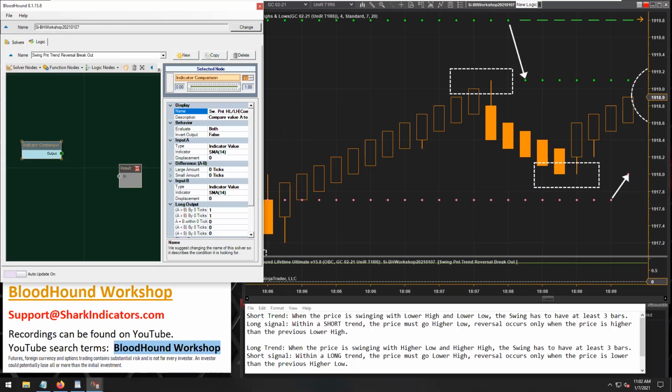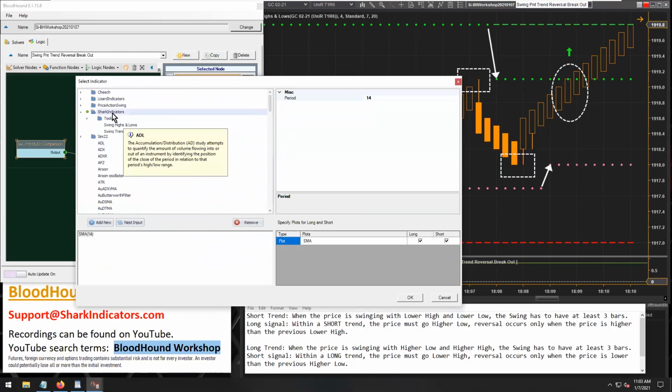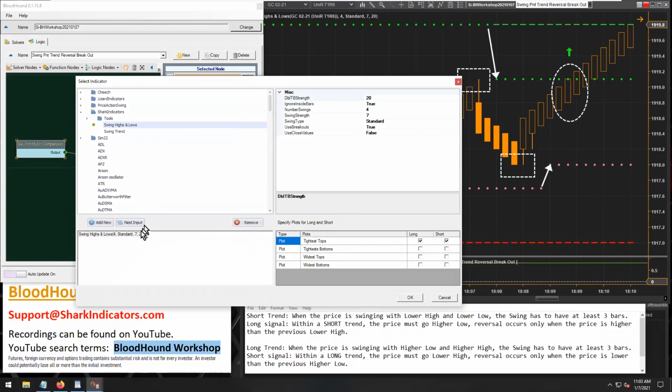All right, so we're identifying swing point higher lows or lower highs. Okay, let's connect that in. And now it's a matter of plugging in our swing highs and lows indicator here. All right, so the number of swings is 4. The swing strength is 7. So actually, we didn't need to adjust anything from the default settings here.